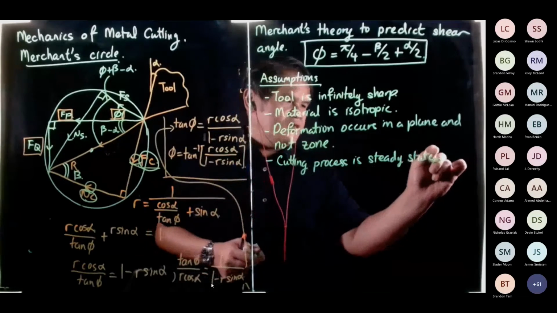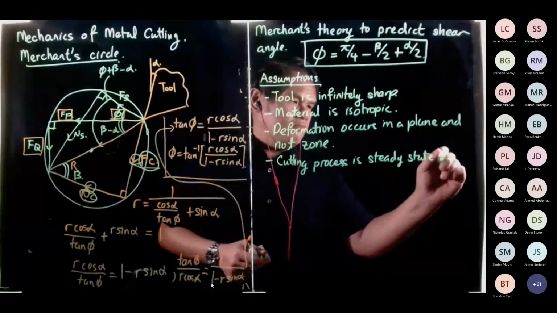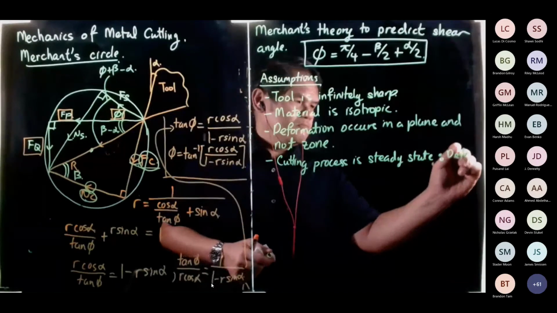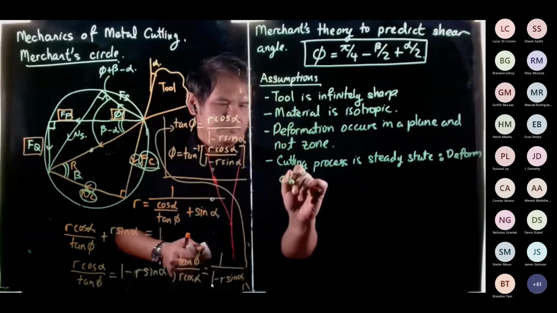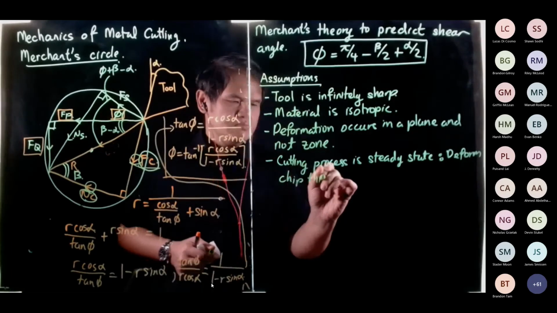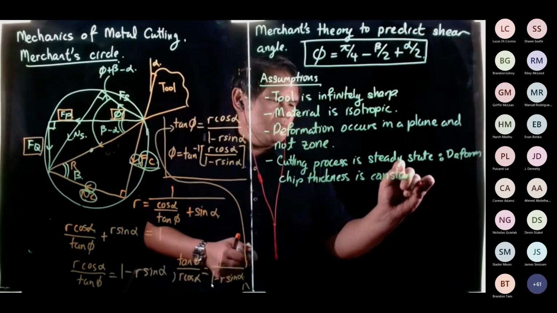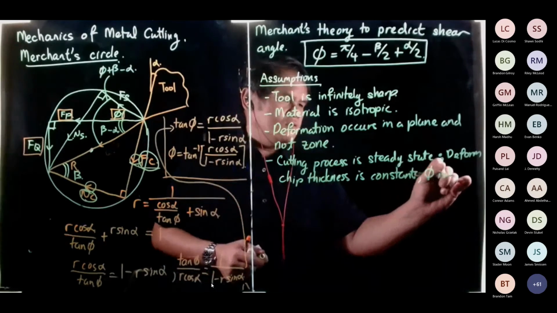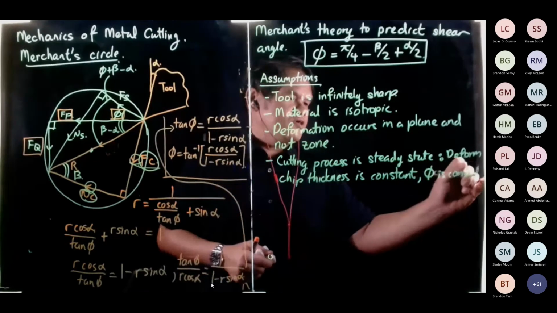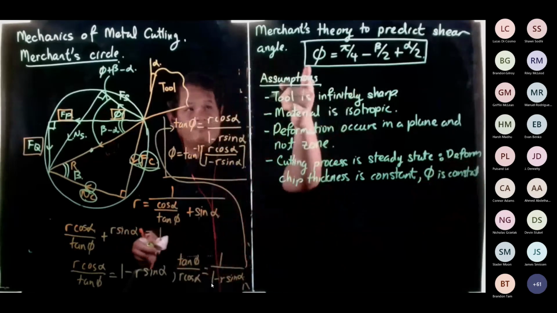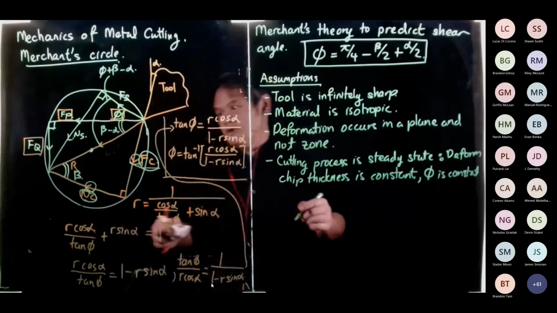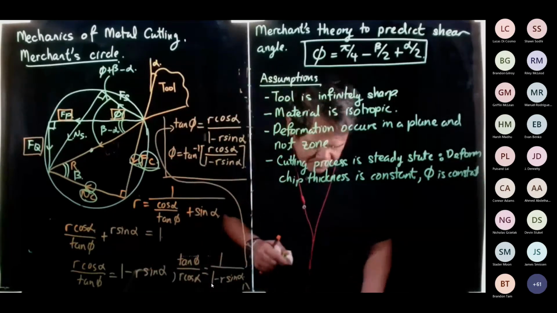So what it means is undeformed or deformed chip thickness is constant. So the shear angle is constant. If the deformed chip thickness is changing, right, we just derive phi, yes or no? If it's changing, the r ratio will change. Okay.